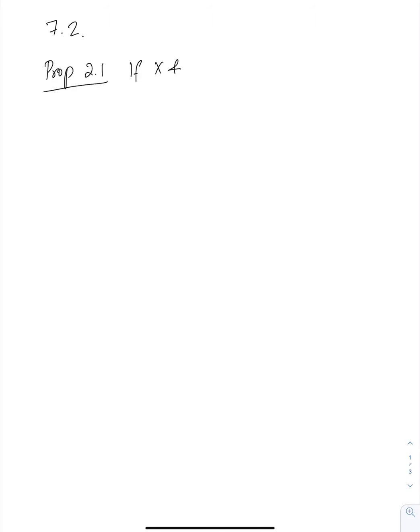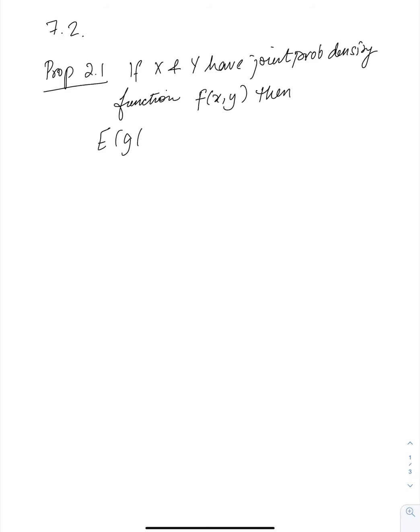It says if x and y have joint probability density function f of xy, then you have that the expectation of g of xy, that is some function of xy, is equal to, just like you would have expected from what you had in the single variable case, the same kind of definition here in the multiple variable case.